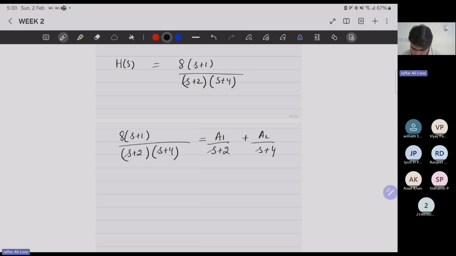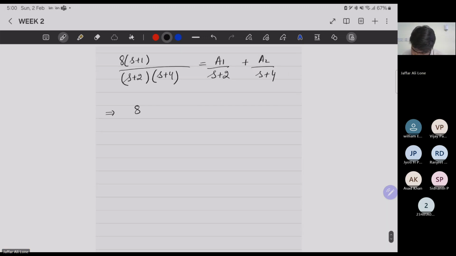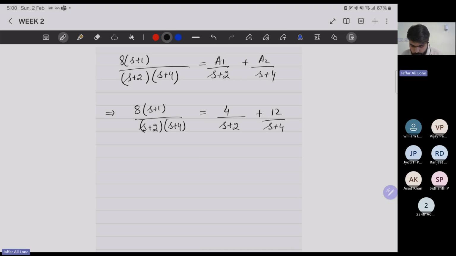And on solving, we get it as 4 divided by s plus 2 plus 12 divided by s plus 4, right?